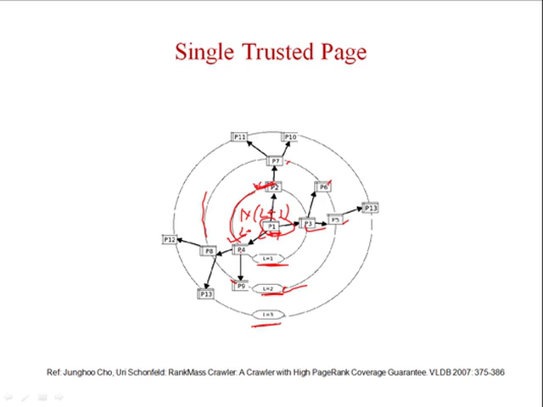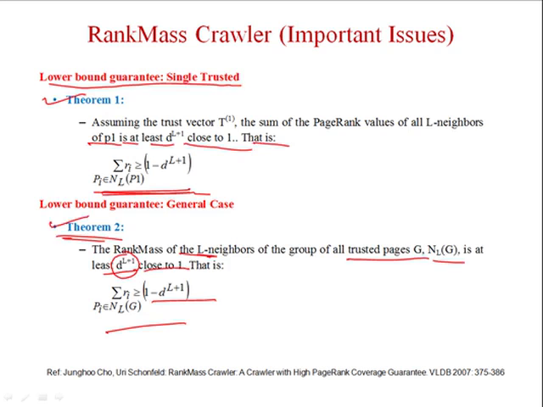So now the node set at L equal to 1 will be represented by P2, P3 and P4, and after that we will repeat this process.